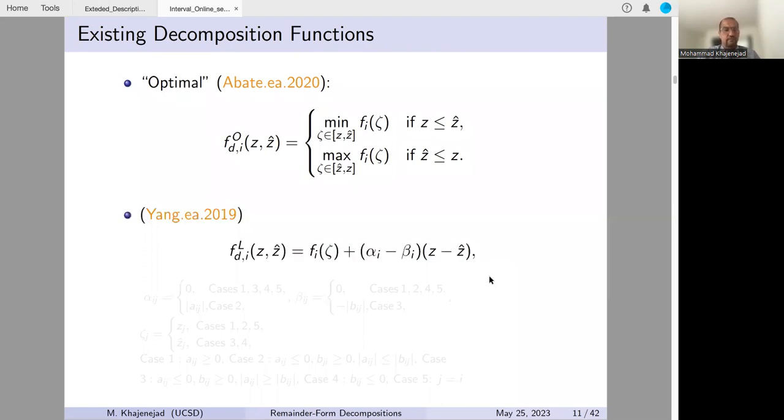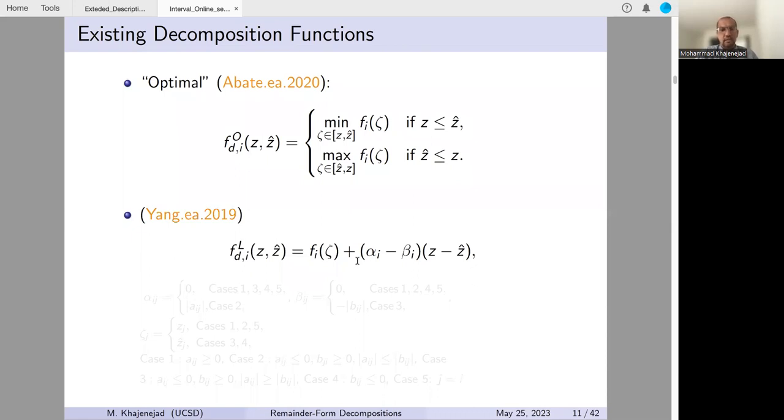Another famous suggestion for these decomposition functions is the one suggested by the group of Professor Necmiye Ozay from Michigan, which is based on some specific shifting of the original function towards some of the vertices of the interval domain.